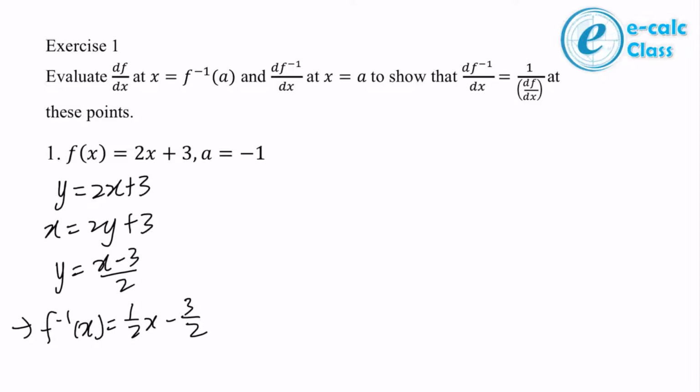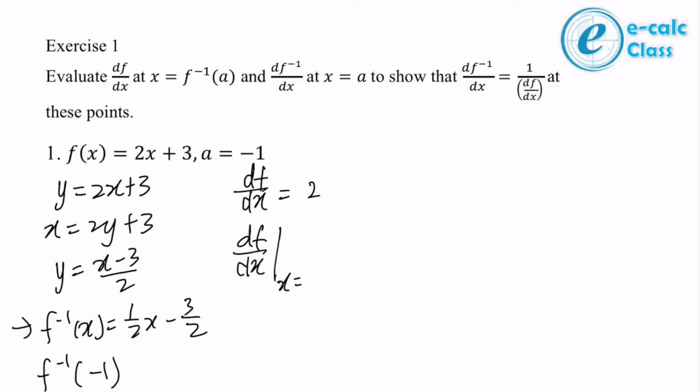Okay, then the next thing is df/dx. Okay, df/dx, which is just a 2. So no matter what value it is, your df/dx at x equals f inverse of -1 is what?